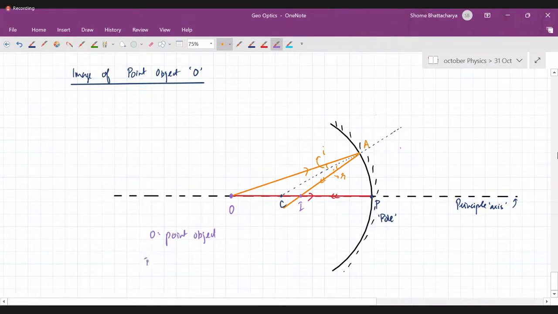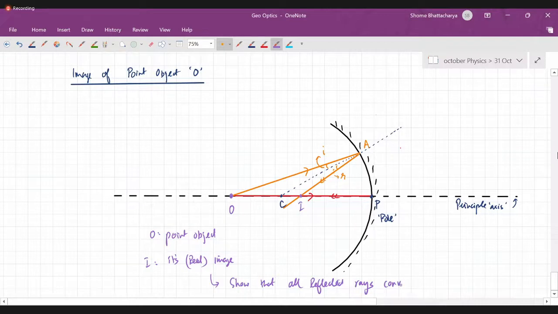Now I, in this case, is its image. So basically, to show that it's the image, we will show that all reflected rays converge to the point I. Then only we can show that.